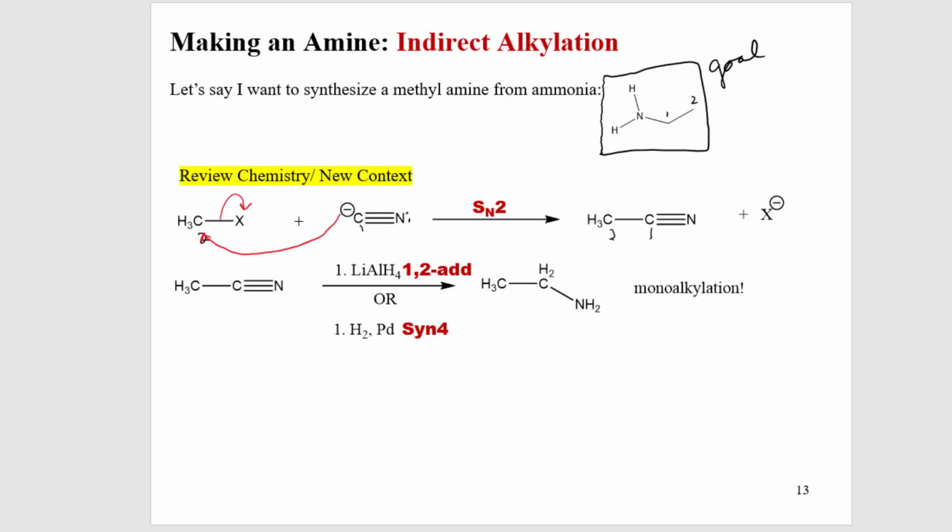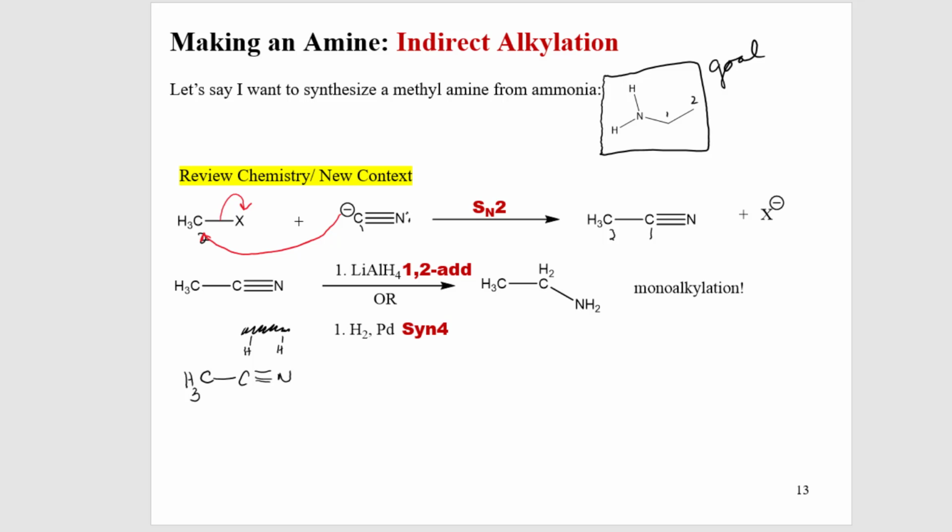So once you've put whatever group you want on and designed your carbon chain, all that's left now is to reduce the pi bonds away. We can do this two different ways. The easiest way you might think is just to follow a syn H2 protocol.